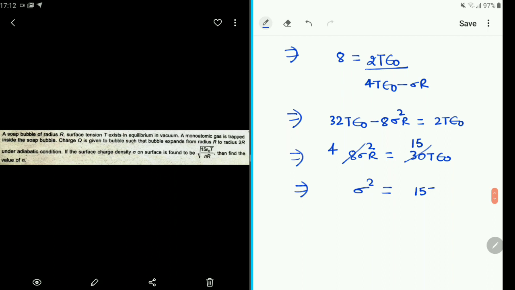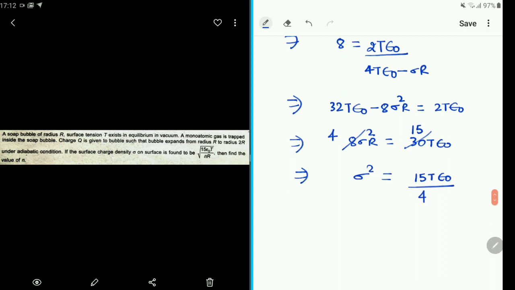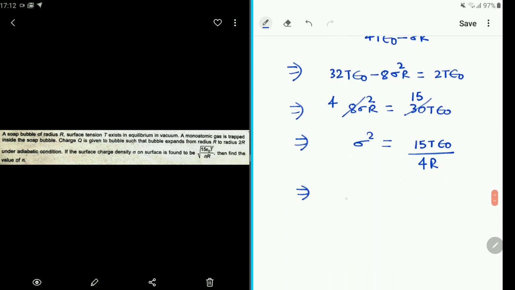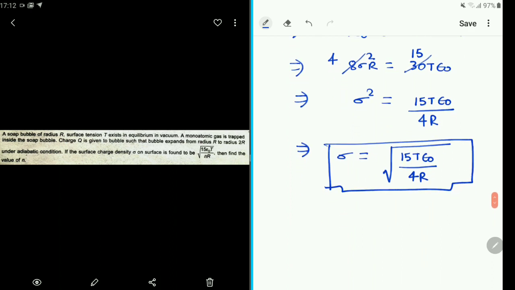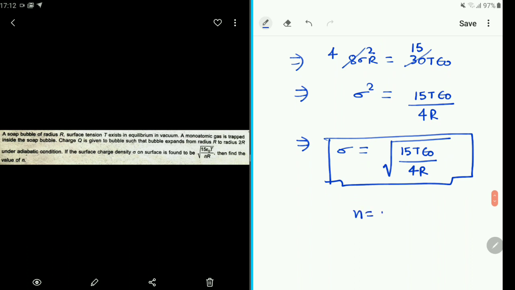So sigma square comes out to be 50T epsilon naught by 4R. So sigma finally comes out to be under root 50 epsilon naught T by 4R. You can match it up with the final answer given in the question. So n comes out to be 4.